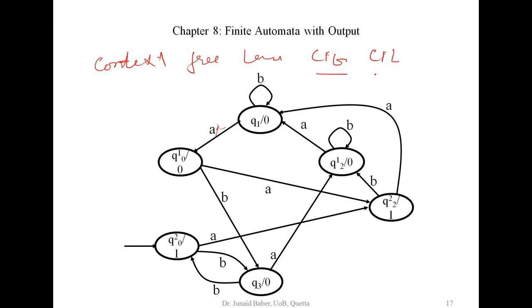If the concepts of DFA and FA are clear, then we can easily understand these two concepts, because these are slightly advanced compared to DFA and NFA, finite automata. Now we are converging to understand the languages which are not regular. For every regular language we have a finite automaton, a DFA, but when the languages are not regular, how do we handle them? We handle them by CFGs and CFLs.